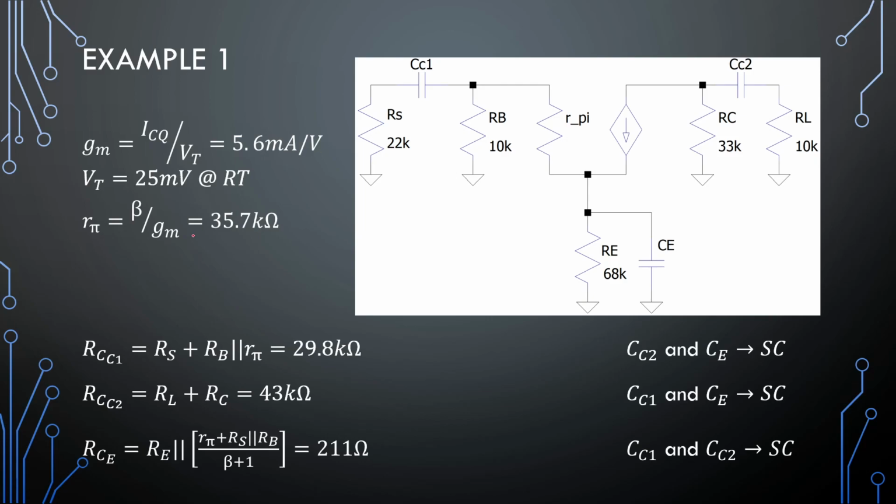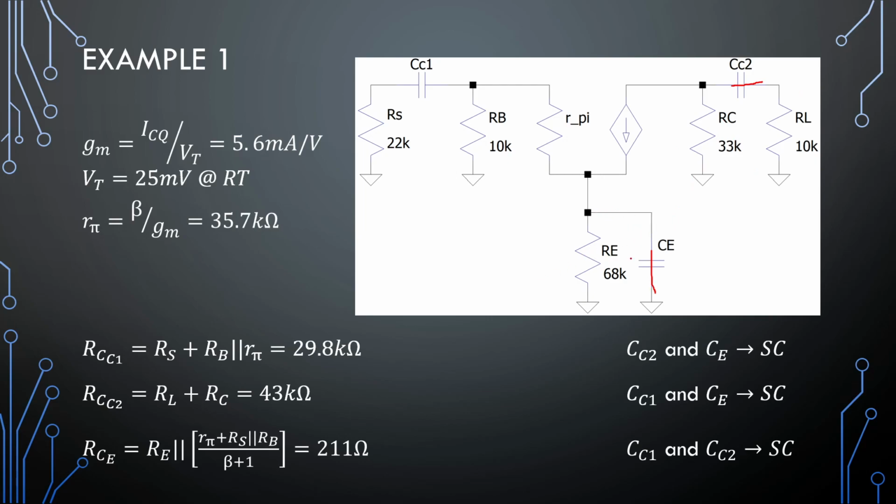So calculate the small signal parameters because we are going to need R pi. And let's start with CC1. If we want to see the impedance seen by CC1, we are going to short these 2 capacitors. Not that shorting this one means anything to us, but let's short them.